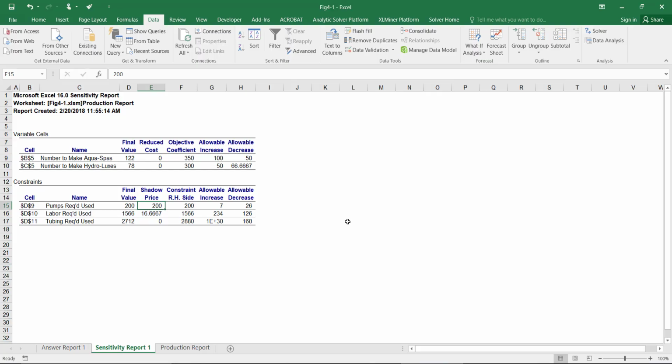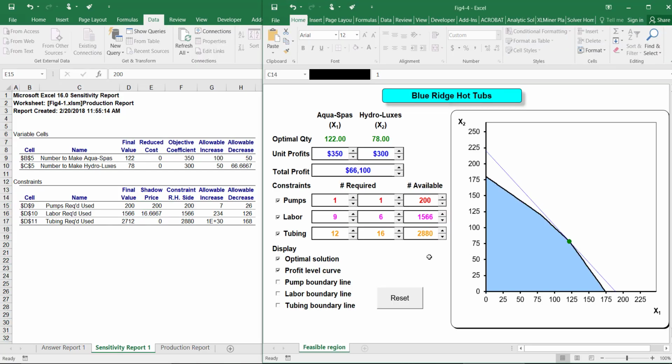So let's test this on the solution of the problem that we already solved. This is the optimal value of the parameters that we have, and the setup of the problem is exactly the same as the optimal solution that we got for this problem. So let's increase the first constraint by 1 unit and see how much our total profit or objective value is going to increase.